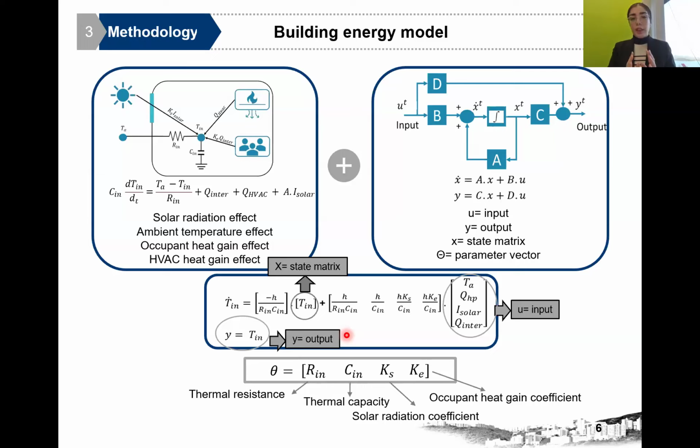By considering the concept of state space models, the indoor temperature of the building is our state variable here. And our goal is to find the distribution of four parameters: the thermal resistance of the building, the thermal capacity, the effect of the solar radiation, and the coefficient related to the effect of the heat gain due to occupants.